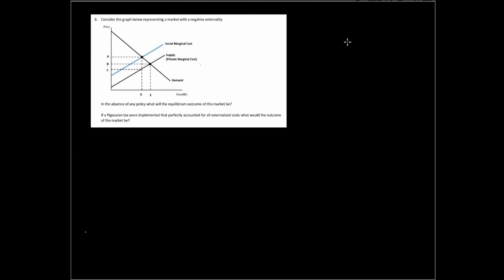To conceptualize this, we think about there being a private marginal cost and a social marginal cost. The private marginal cost represents the cost structure of the firm producing the good.